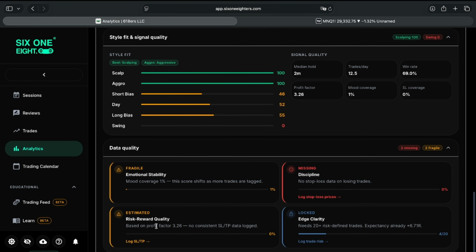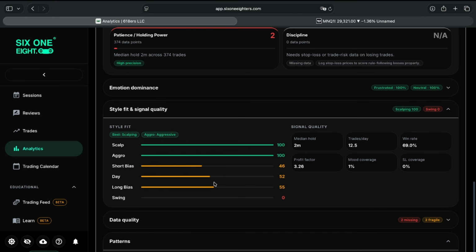So here I see I need to put in my stop loss and figure out my emotional stability, because I need to track more emotional data. You need at least 20 trades, and then you're getting more and more data. The more data you have here, the better the results show up.